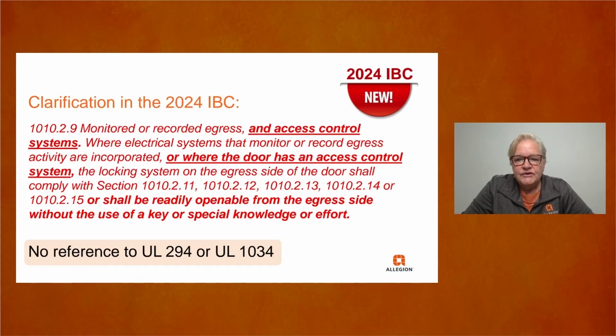And note that there's no reference in this section to the UL 294 or UL 1034 listings for these types of systems. So with that said, codes are a minimum. Might be a specification item. It could be something that's required locally, but that is what the model codes require.